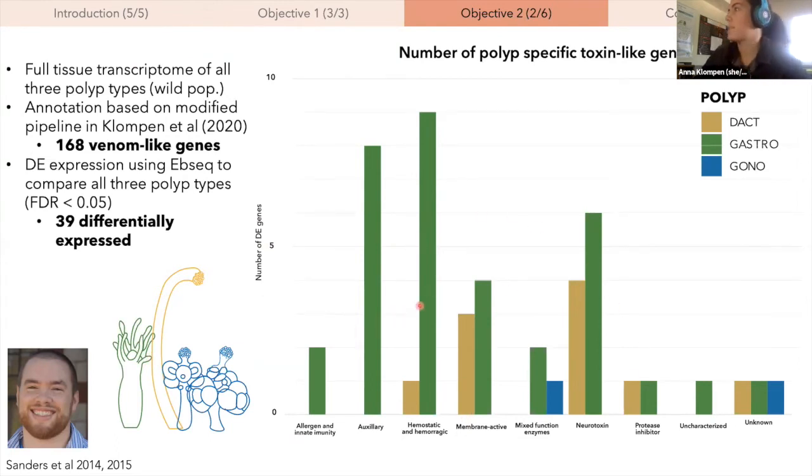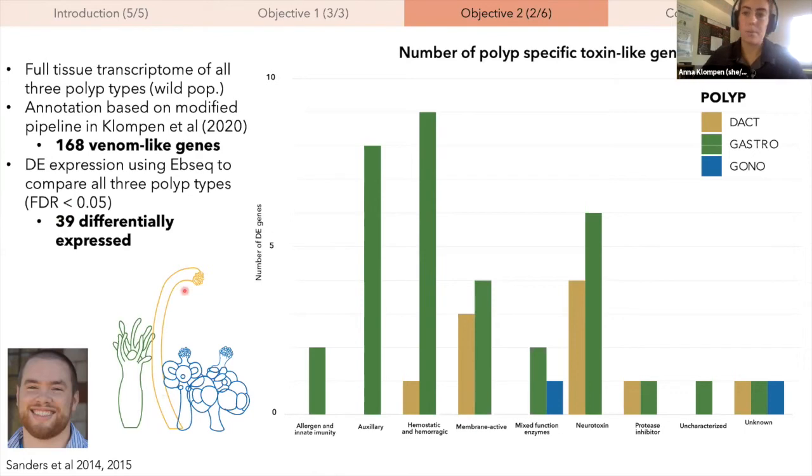That being said, there was still the question of whether these are really reflective of true toxin-like genes, because Cnidarians are not well studied in terms of their venom composition, especially the medusozoans. Am I getting a lot of false positives here?